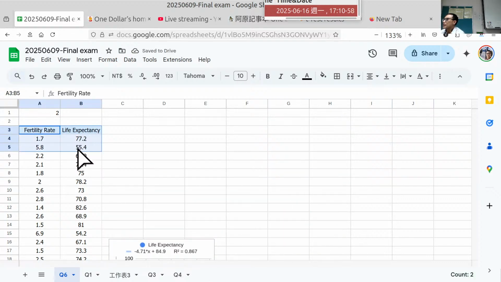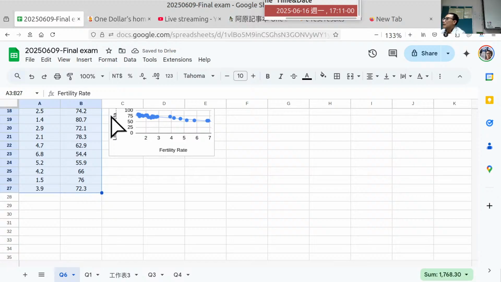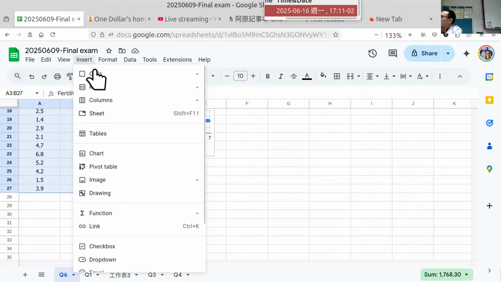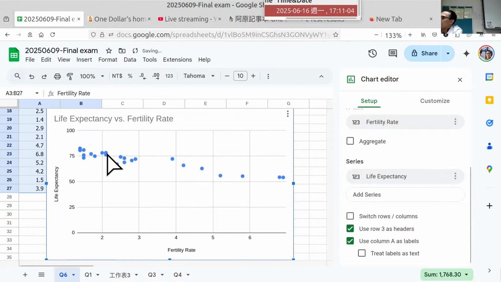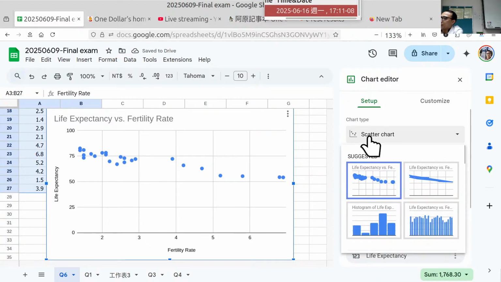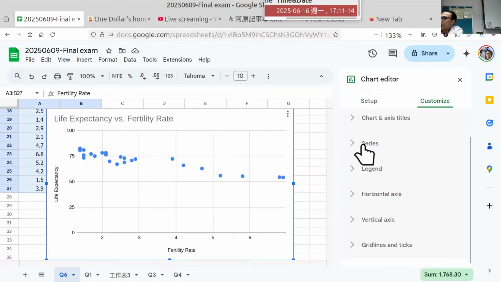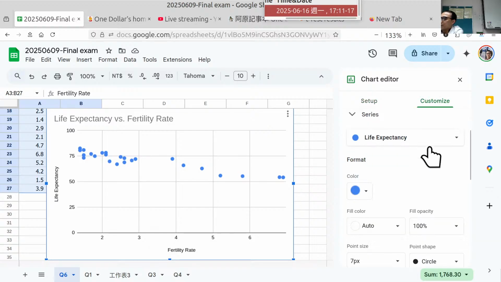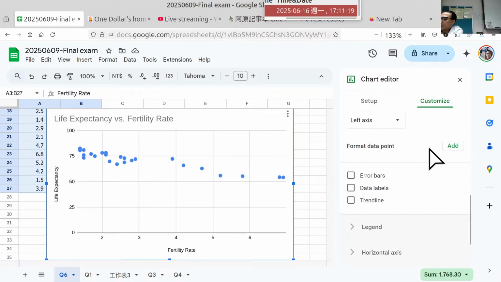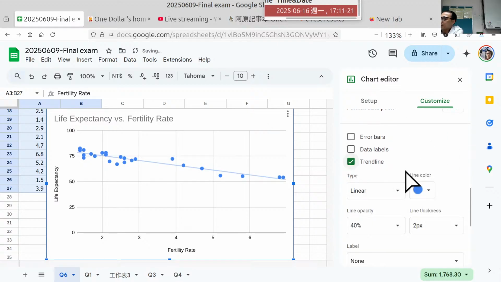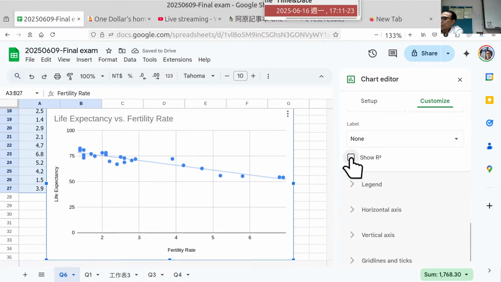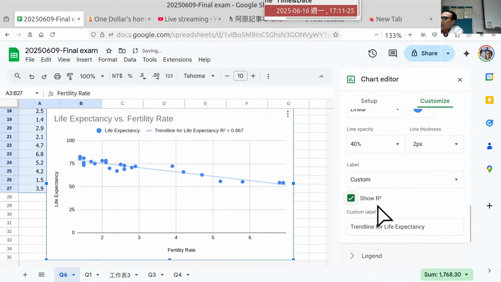Select the range, including the title. Insert. Chart. Select scatter chart, not the others. Scatter chart, and click Customize. Series. Trend line. Show R square. And the most difficult part is here.